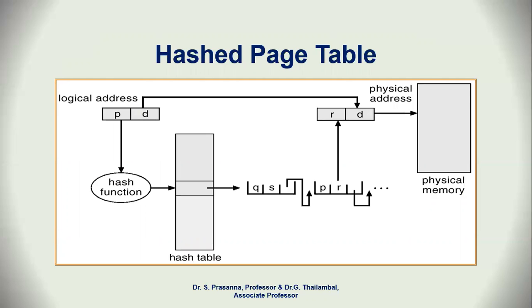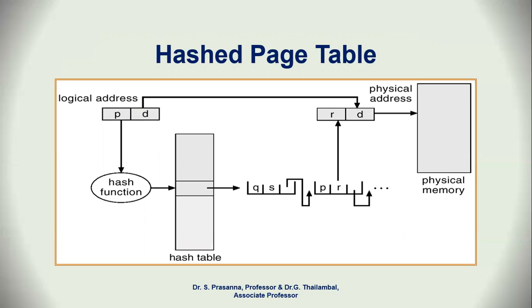In the hashed page table, any hash function can be applied. With that hash function, the logical address, that is the page number, will be taken and the offset D is given. This hash function is applied to the page number, the same hash function which was used at the time of storage of this particular page P. It could be anything, like a prime number type of function, or some Armstrong number finding function.